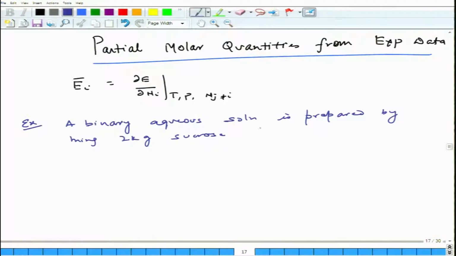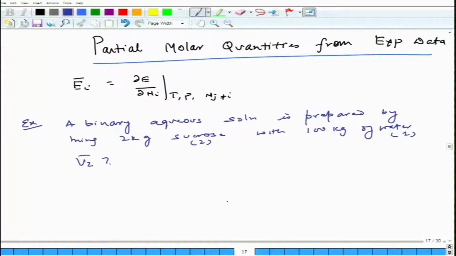So, 2 kg is relatively small compared to the amount of water present. And you have been asked to find out the volumetric change or the partial molar volume of 2. Okay, that means what is 2, which in this case we are going to say this is component 1 and this is 2. So, what is the partial molar volume of 2, sucrose, in this condition?